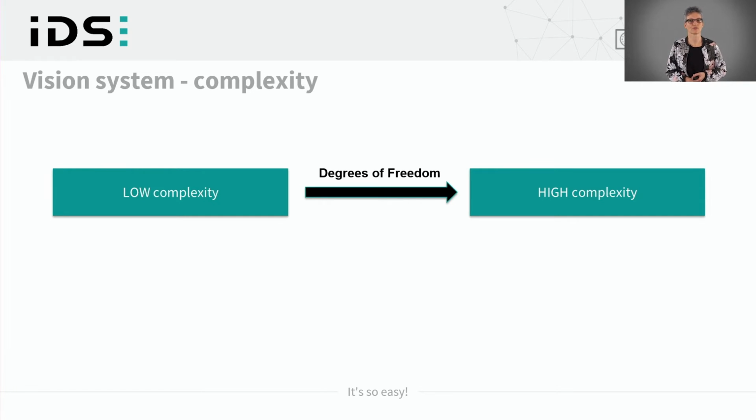And if all degrees of freedom are random, then your vision system has to do a highly complex job, because it has to figure out the pose of the object in all 6 elements. So you have to figure out the translation and the rotation of the object with respect to your reference coordinate system.